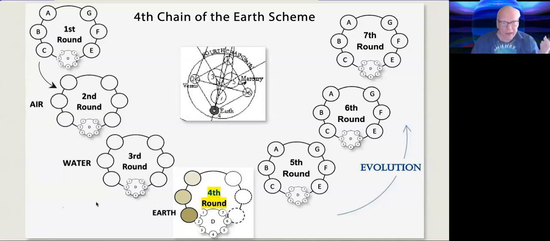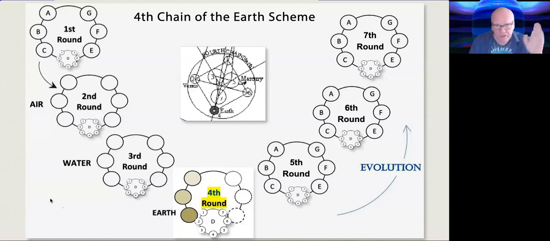Each round is made up of 7 globes. And finally, each globe has 7 root races, shown here by the tiny circles dotting the perimeter of globe D on each of the rounds.